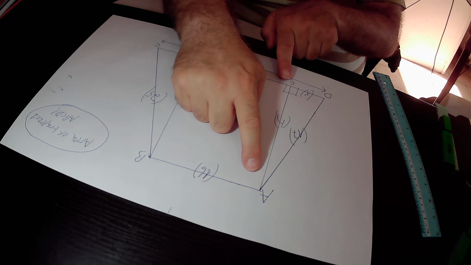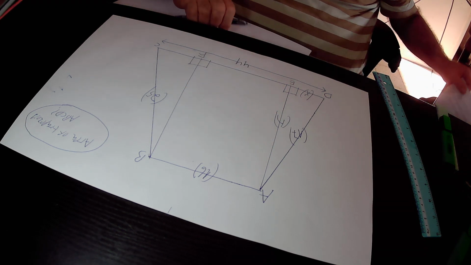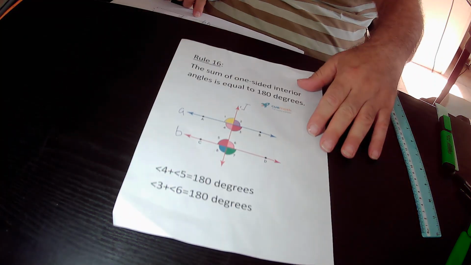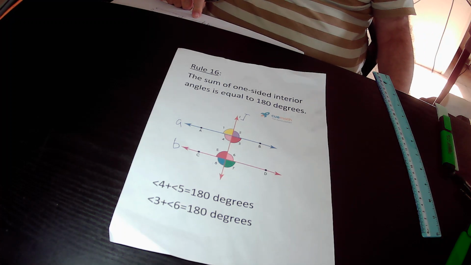And according to rule 16, the sum of two one-sided interior angles is equal to 180 degrees. So let me quickly repeat rule 16. According to rule 16, the sum of one-sided interior angles is equal to 180 degrees.